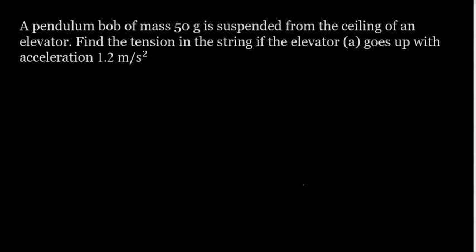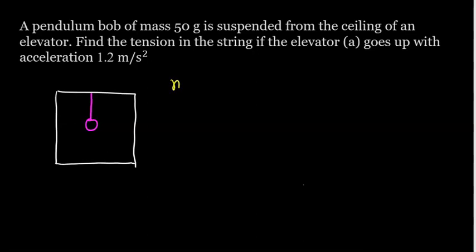So let's draw our elevator over here. This is the elevator, and in it there is a pendulum which is having a bob like this, and the bob mass is 50 gram.